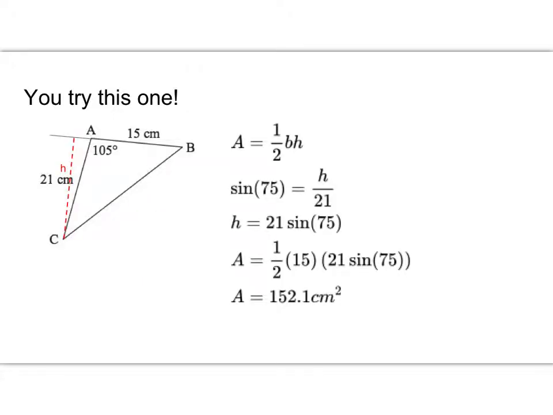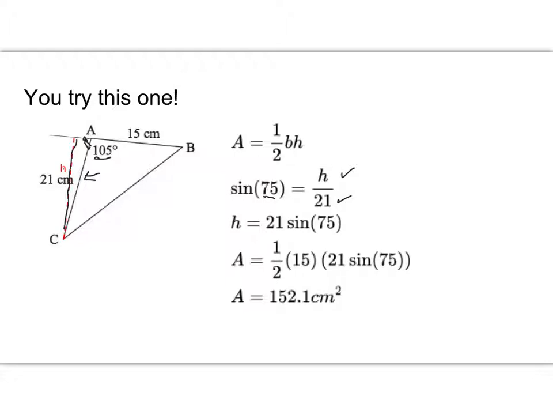Okay, hopefully you got the right answer. Here's our little angle, here's our height, right there, and here's my hypotenuse. The angle here is supplementary to 105, so that ended up being 75 degrees. So the sine of 75 degrees equals the height over the hypotenuse, which was 21.